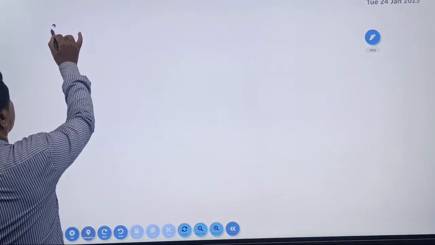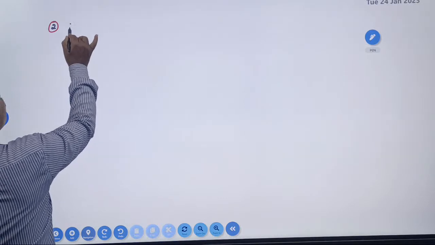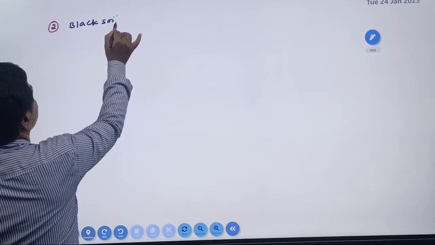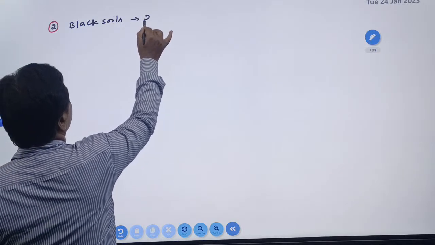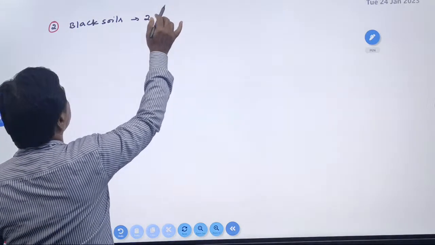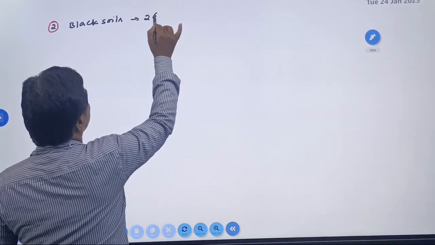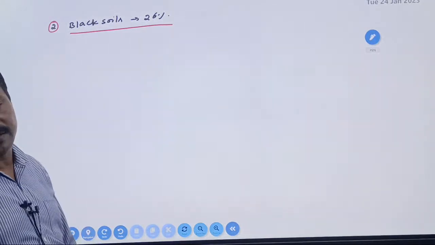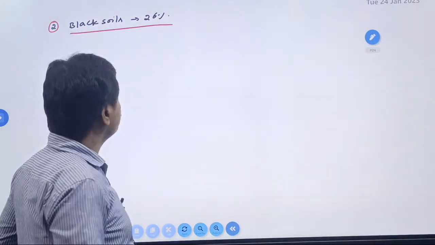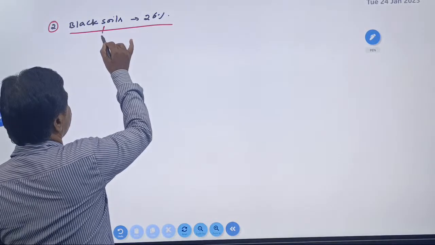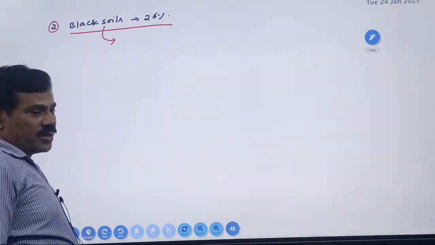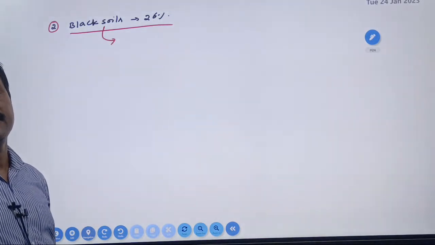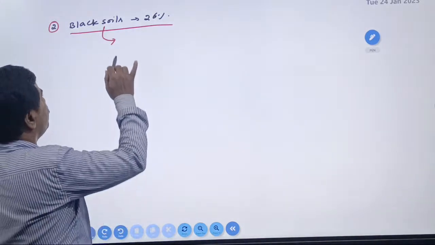Now your second soil, black soil, which occupies 26% of the total soil of Telangana. Black soil is the second largest area occupied in Telangana.